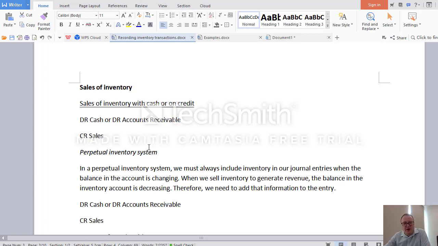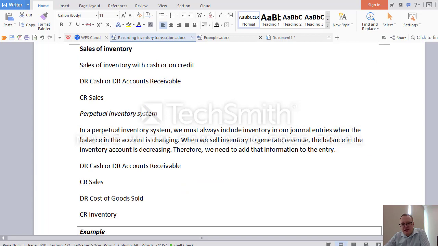If you sell the inventory and you are using a perpetual inventory system, the first part of the journal entry is the same, debit cash, credit sales, and in the second part, you must update your inventory account. Now you sold inventory, you have less inventory. So you will credit assets, credit inventory, and you will get an additional expense, COGS. So you will debit expense.